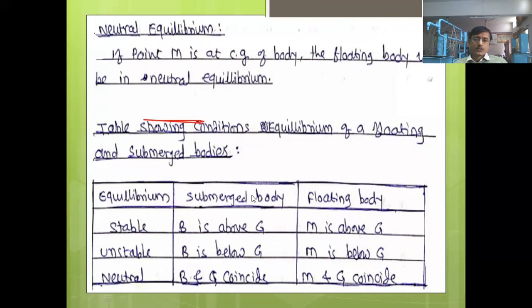In case of a submerged body, we call it stable equilibrium when B is above Z, unstable equilibrium when B is below Z, and neutral equilibrium when B and Z coincide. In case of a floating body, we call it stable equilibrium when M is above Z, unstable equilibrium when M is below Z, and neutral equilibrium when M and Z coincide.